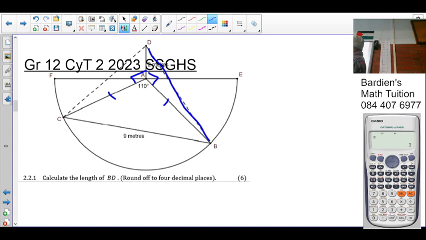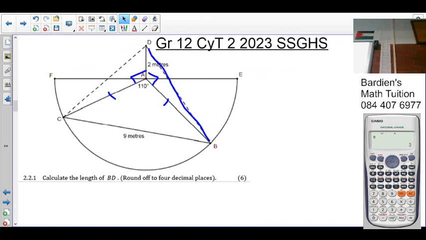But from the information that we have, we can't calculate BD immediately. Not so? Because we have a triangle looking like this. That is BDA, 90 degrees. That is 2 meters. We don't have any angles.